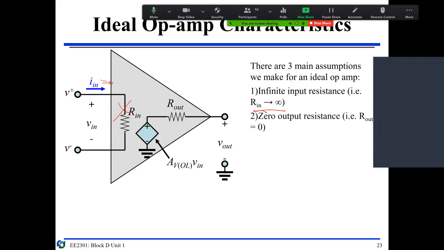The second is that the output resistance is 0. So basically it's a short circuit here and an open circuit there. When we say infinite, we can also say very, very large, like a mega ohm level, 10 to the power of 6. Zero output resistance is probably like a micro ohm level, 10 to the power of -3.